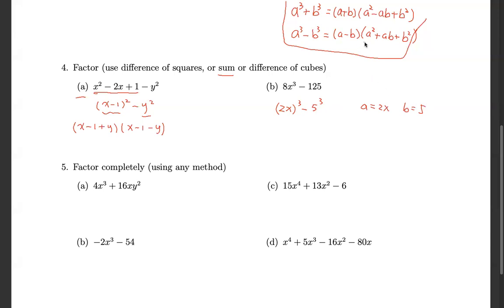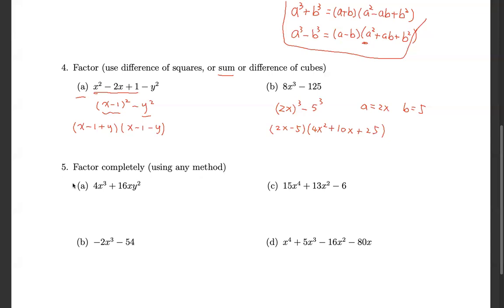Then we use this formula. So we get a minus b, 2x minus 5. Then a squared, (2x) squared is 4x squared. Then plus a times b, which is 10x. Then plus b squared, 5 squared, which is 25. So we have two factors.